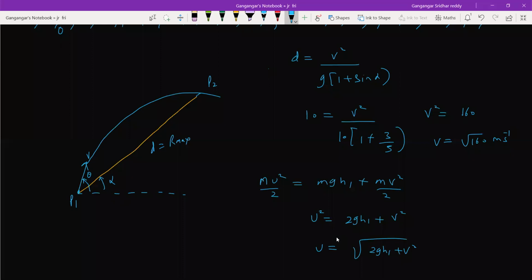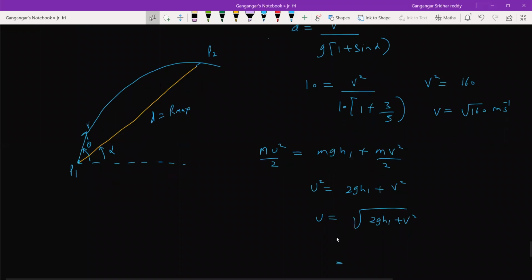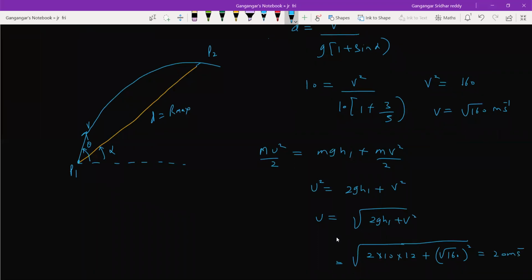Substitute the values. h1 value is 12, v square is 160. So finally this will become 20 meter per second. This is our answer.